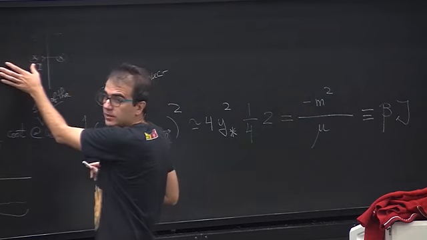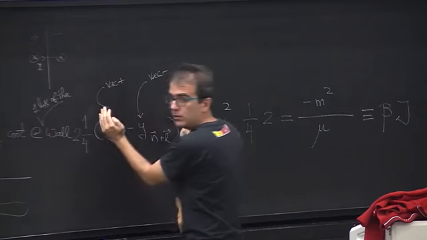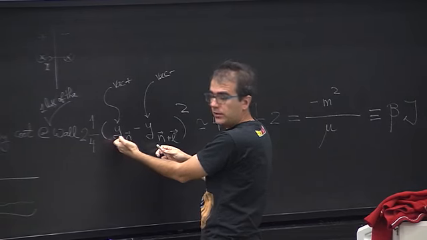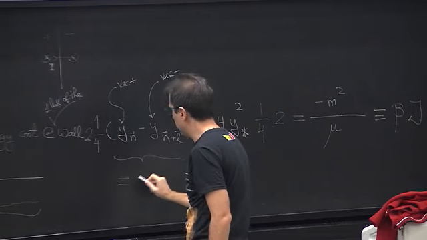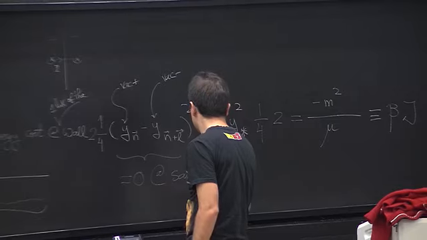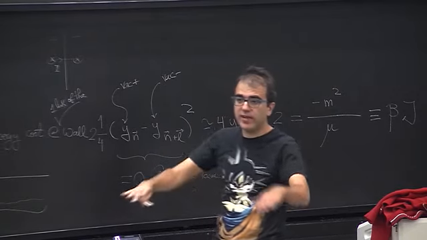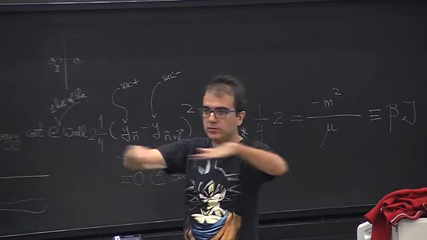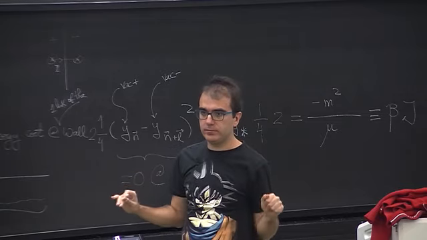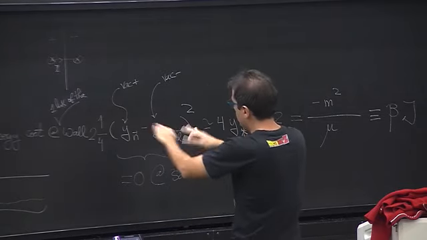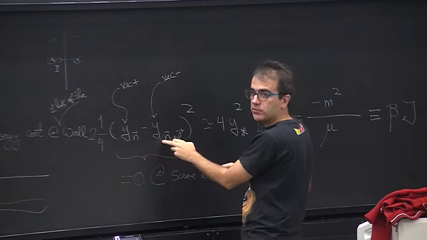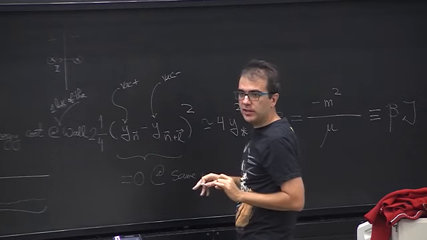Now, if they are both in the same vacuum, this is 0, because this is y star minus y star. So this is equal to 0 in the same vacuum. In the vacuum, they are constant, so if there is no variation, this doesn't cost any energy. But when they jump vacuum, this is in the vacuum plus, this is in the vacuum minus, so this is y star, this is minus y star. So I now have a difference.